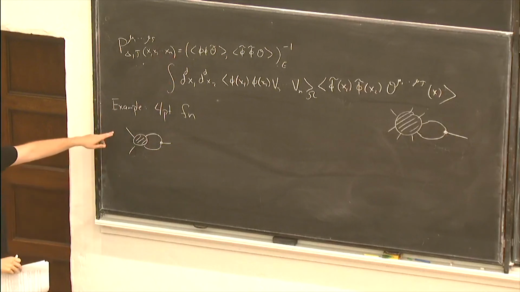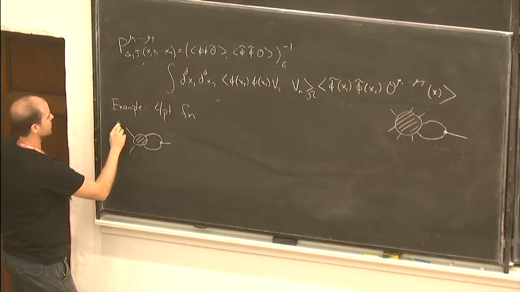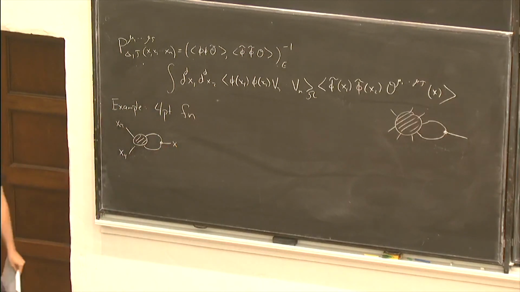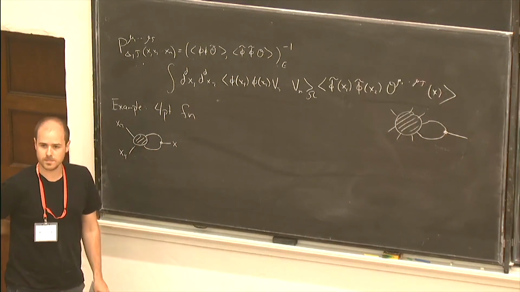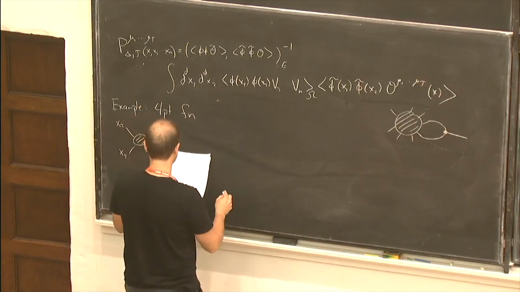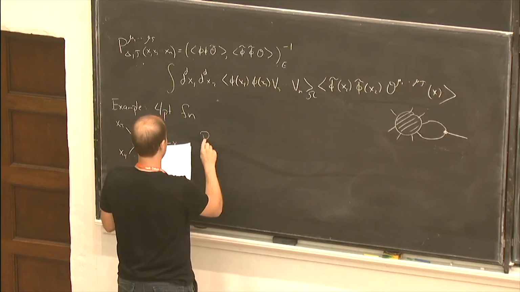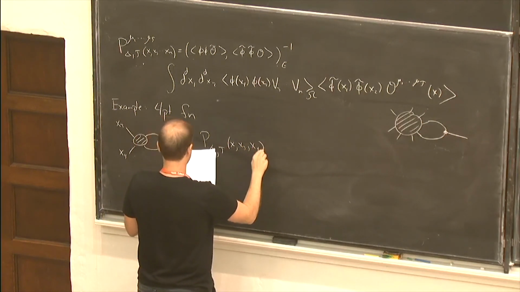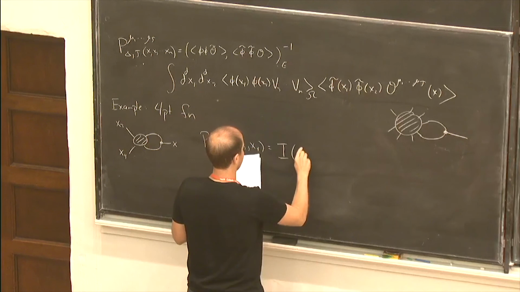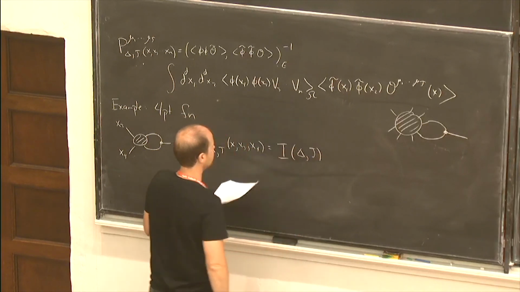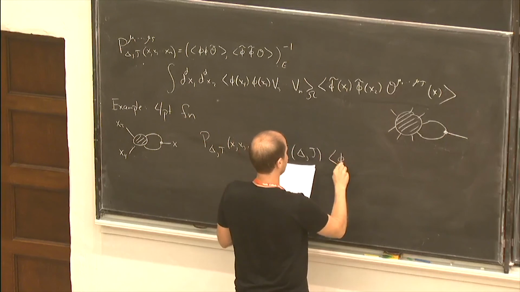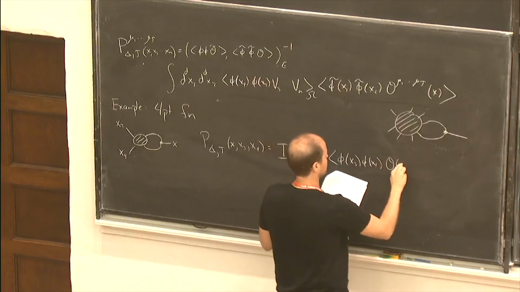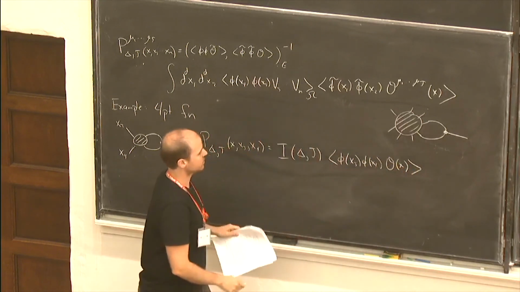The object that we have depends on now 3 points, x3, x4, and x, and it's conformally invariant. So it has to be proportional to a conformal 3-point function. So in the case of a 4-point function, we must have that P delta j of x, x3, and x4 is equal to some function of delta and j times the standard conformally invariant 3-point structure. That's just fixed by conformal invariance.